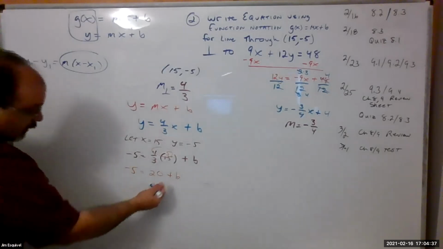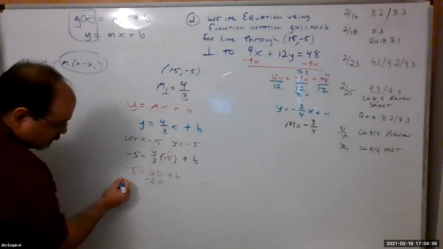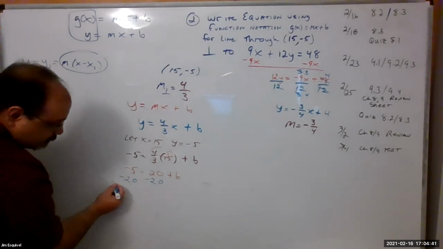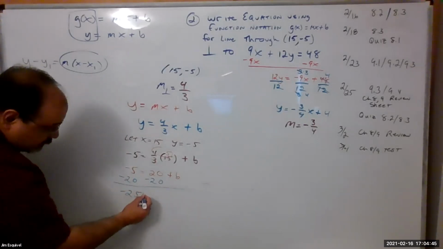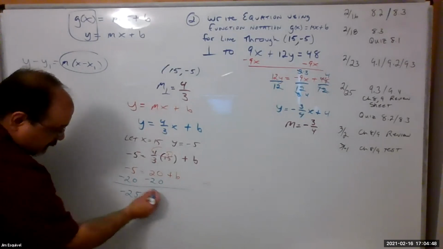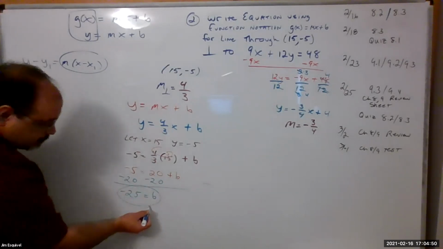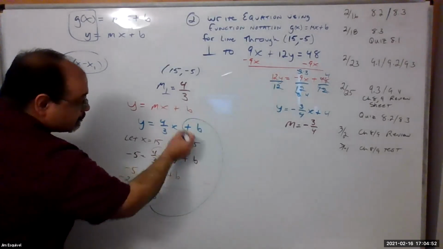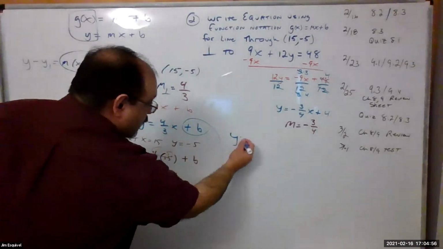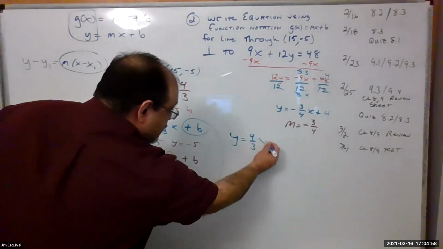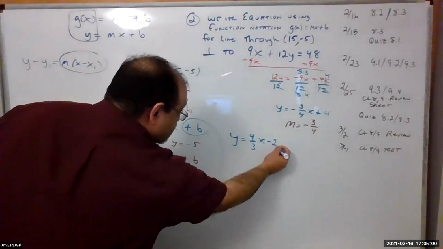So to solve for b, all you got to do is subtract 20. Negative 5 minus 20, negative 25 equals b. So you plug it in, y equals 4/3 x minus 25.